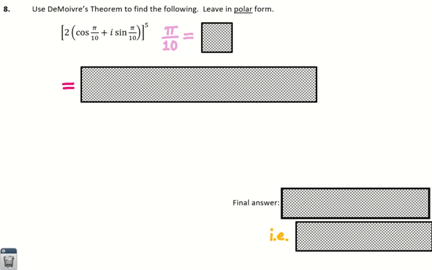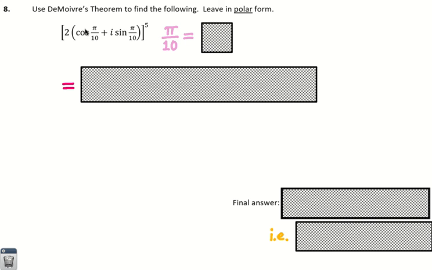Number 8 wants us to raise a complex number that's in polar form to a power. It would be the same thing if I were to say that z equals what's inside the brackets, 2 times the cosine of pi over 10 plus i sine of pi over 10, and then I were to ask for z to the 5th power.